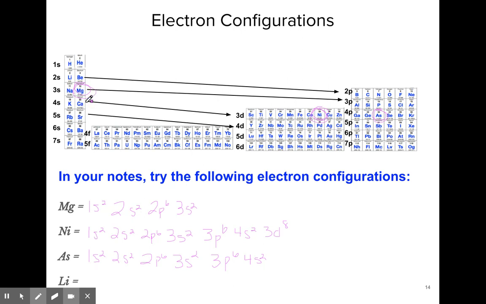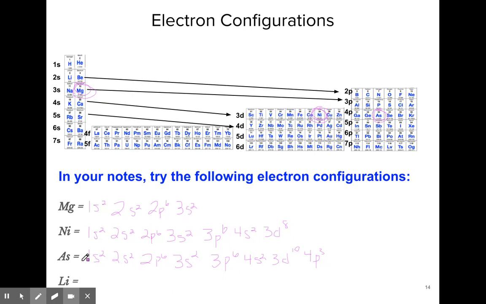After calcium, we have to follow our arrow over here to 3d, 1, 2, 3, 4, 5, 6, 7, 8, 9, 10, because we have to go all the way across it. So 3d10. And after 3d10, that gets us to zinc, which is number 30. Then number 31 is gallium. So then we would go 4p, 1, 2, 3. And that's where we would end.